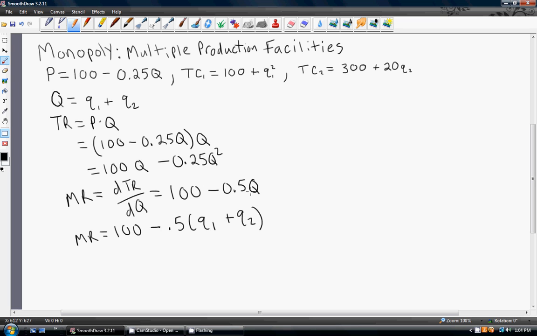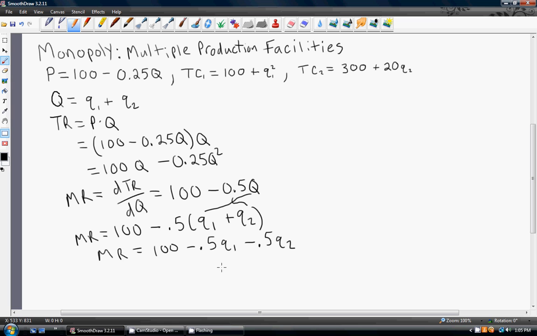All I did here was recognize that Q is the output coming from plant 1 and plant 2, make a substitution, and simplify one more step. And we get this expression for marginal revenue. Not quite as simple as the previous problem.